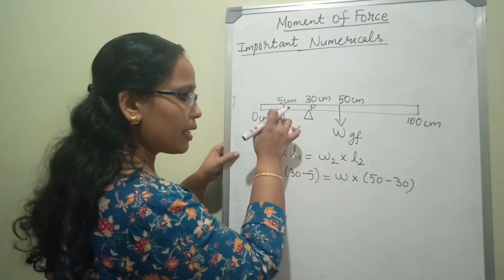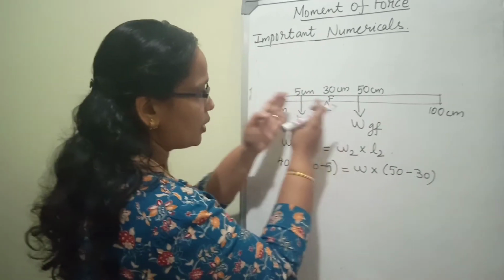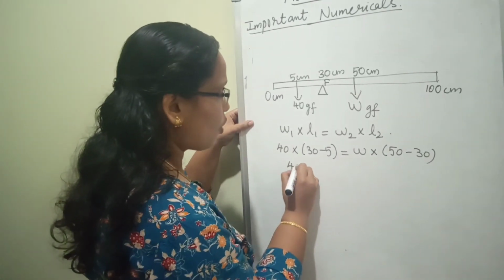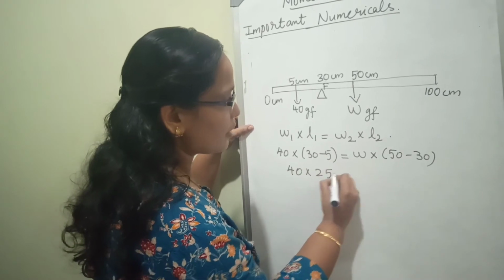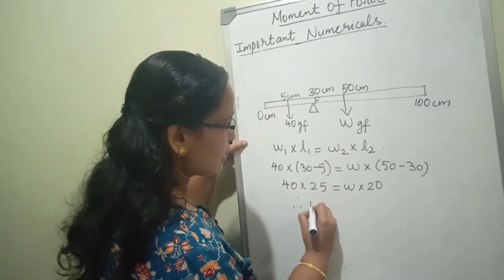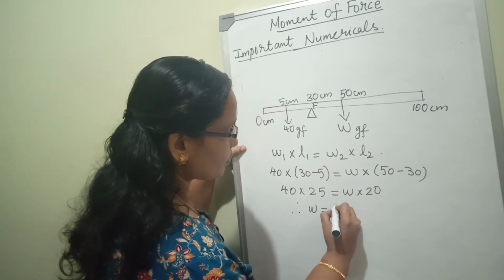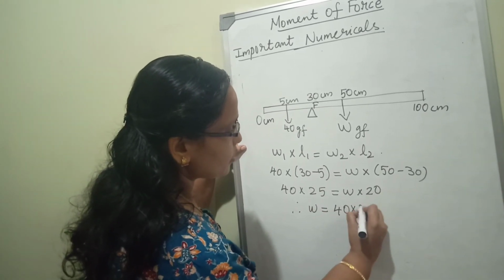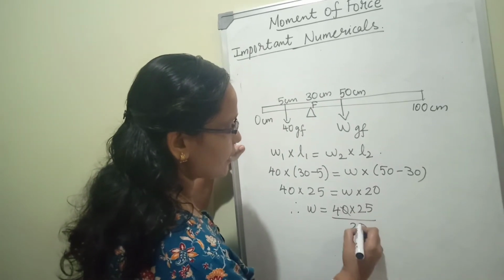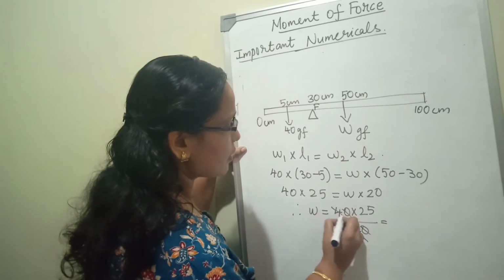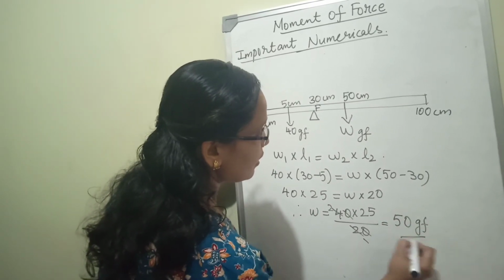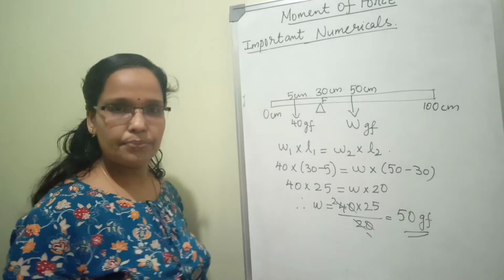Here 30 minus 5, from the pivoted point to the weight. That means 40 into 25 is equal to W into 20. Therefore, W is equal to 40 into 25 by 20. So cancel 0, 0, 2 ones are, 2 2s are. We will get 50 GF is the weight of the meter rule.